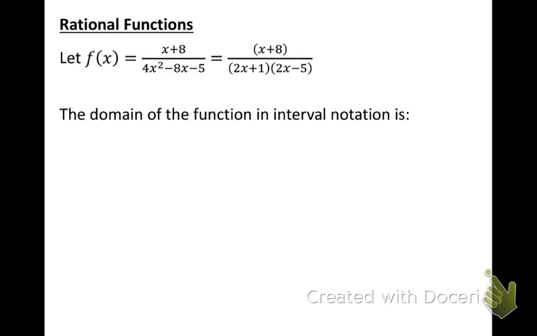Now, the first thing we want to answer is to find the domain of the function, and it specifically tells us that we're going to write this in interval notation. Keep in mind that for my domain, I can't have 0 in the bottom of the fraction. I can't have 0 in the denominator.